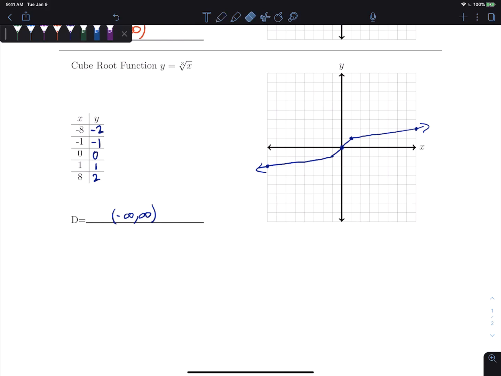Try to make it as smooth as possible. It's kind of hard too on the iPad here. There we go, that's better. Alrighty. By the way, notice that I do put arrows at both ends because this continues in both directions. The domain is negative infinity to infinity.